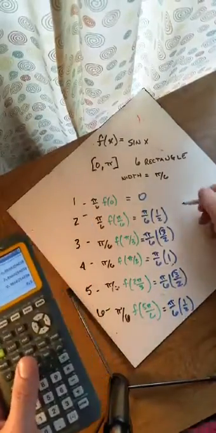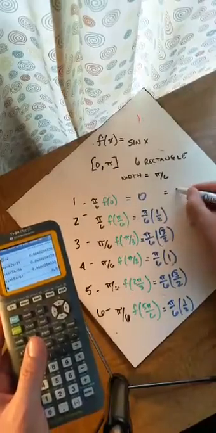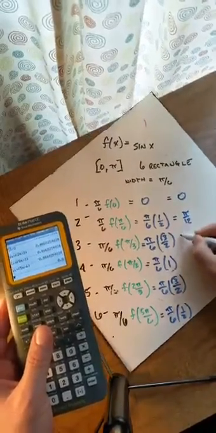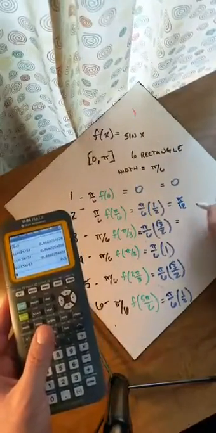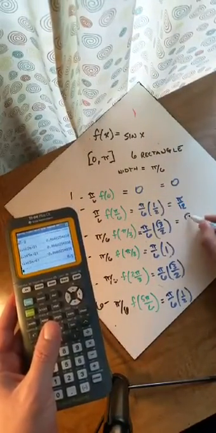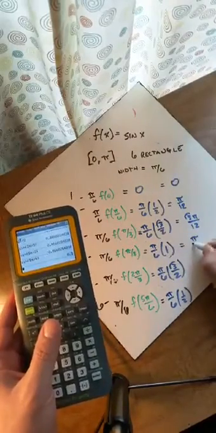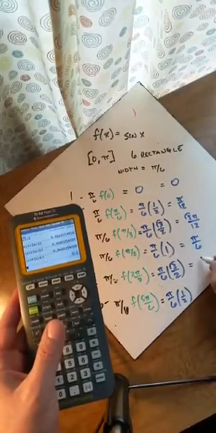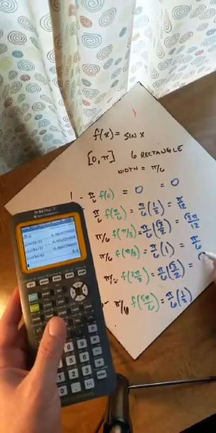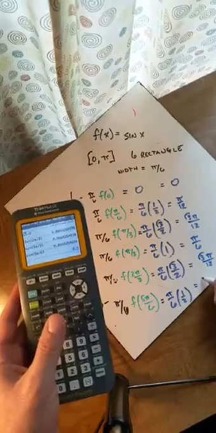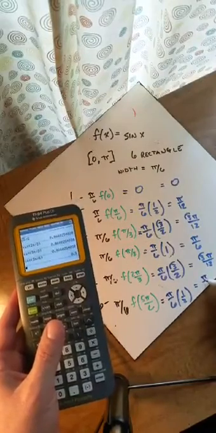Okay, so if we start adding these up. That one's still 0. This one would be pi over 12. This would be radical 3 pi over 12. This would be pi over 6. And this would be another radical 3 pi over 12. And this would be pi over 12.